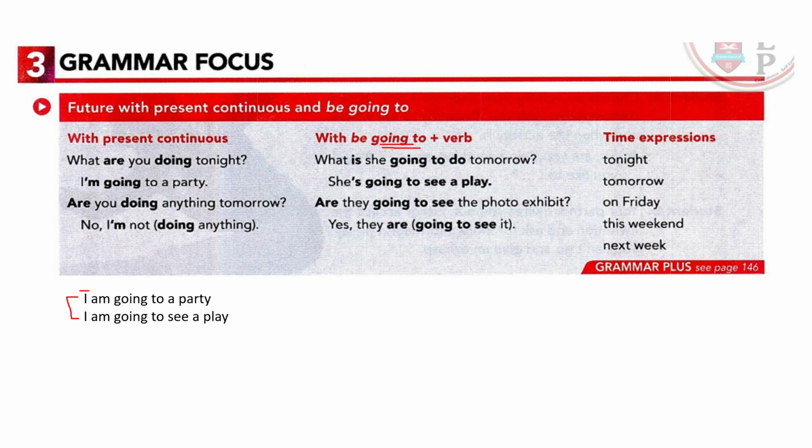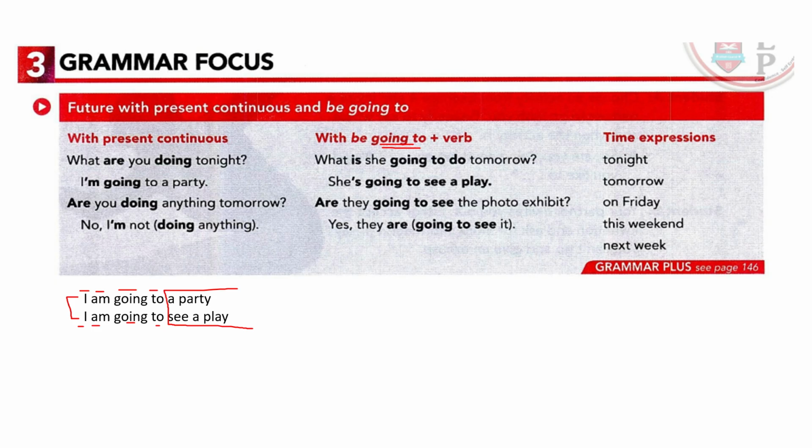The same subject, the same verb to be, the same going, the same to. Exactly the same, right? What changes happens after the to?